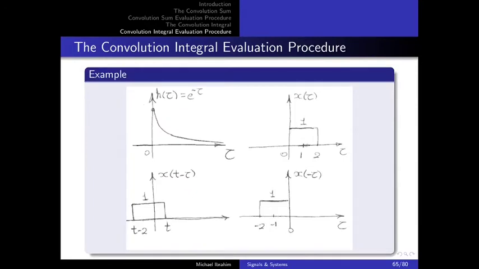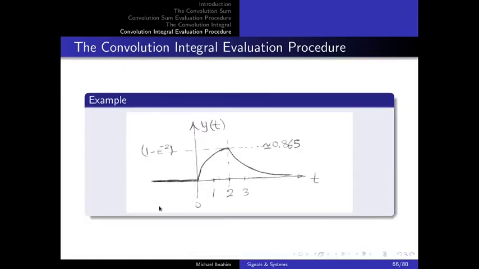Of course, this is the graphical representation of the convolution integral. We'll keep h of tau as is, x of tau, x of minus tau, x of t minus tau, and this would be y of t. It will be a rising exponential from 0 up to 2, and from 2 up to infinity it will be a decaying exponential.